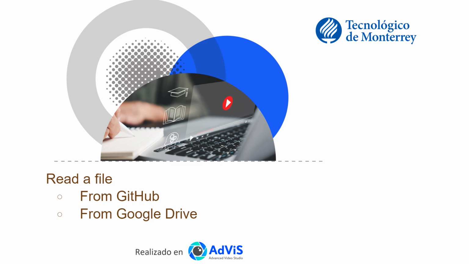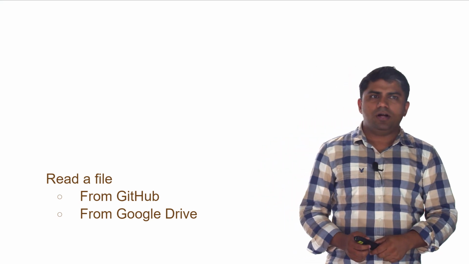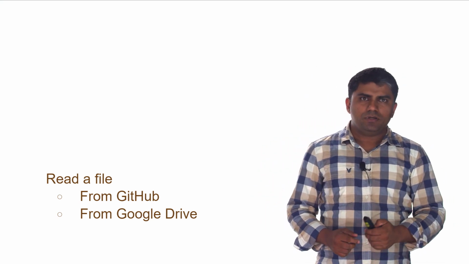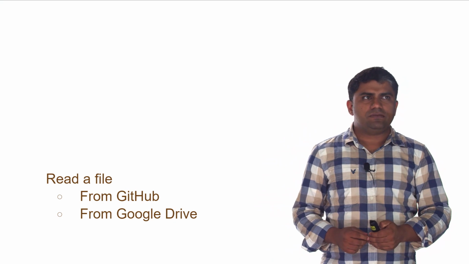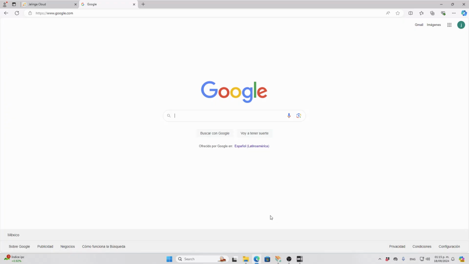Hello, today we will see how to read a file from a GitHub repository, then from Google Drive. So for that, first what we will do is search on the internet for Colab as usual.